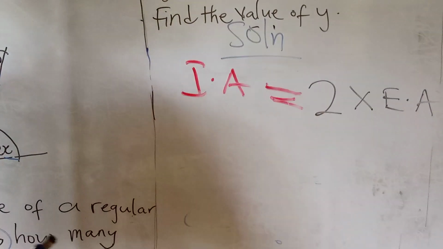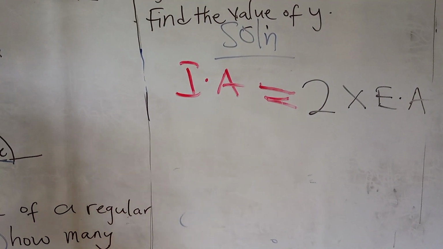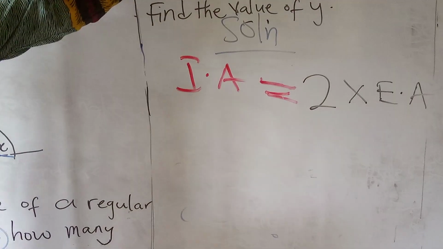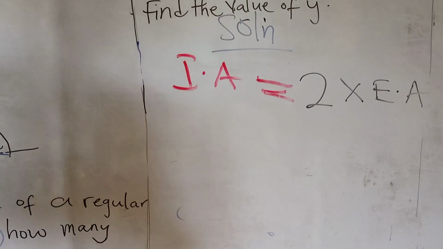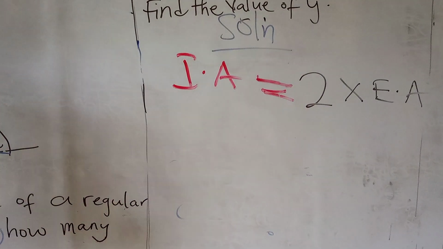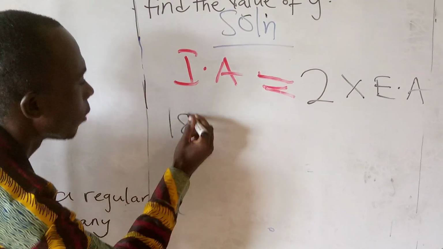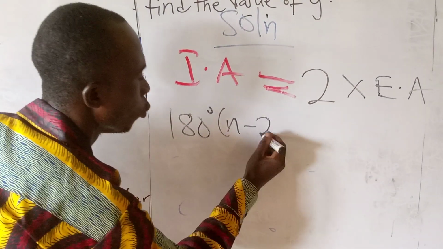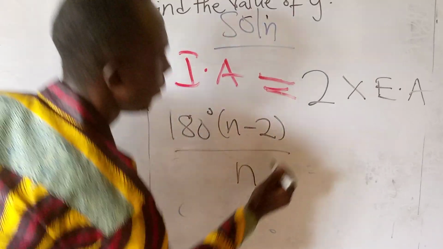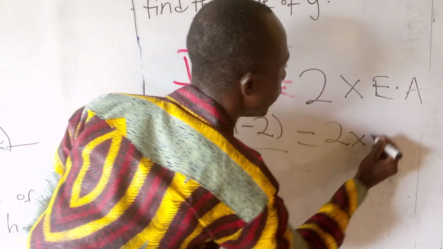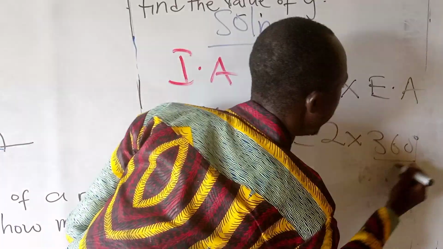That's how you represent it. Please take note: the word 'is' is the equal sign. So I've represented this statement in a formula. And the interior angle, we know the formula as 180(n minus 2) over n, equal to 2 times 360 over n.